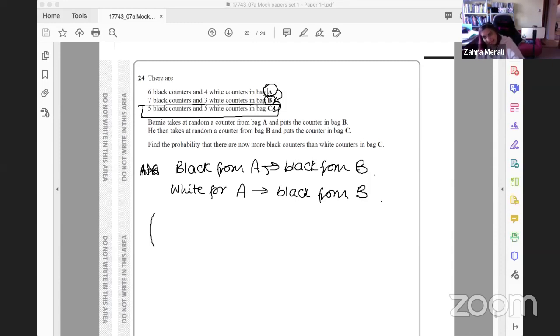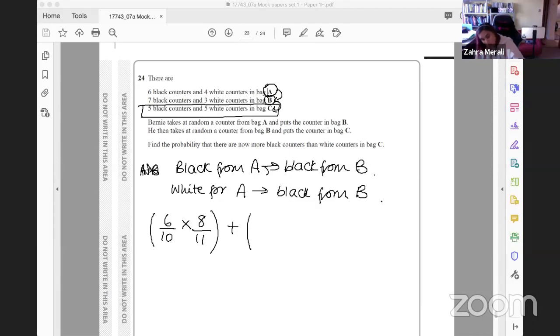So to get a black counter from A, there'll be 6 out of 10, and is times a black from B. So now we've put that black from A into B. So now B, instead of having 7 black counters, now has 8 black counters. Instead of having 10 in total, it's got 11.